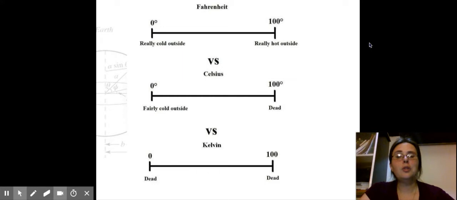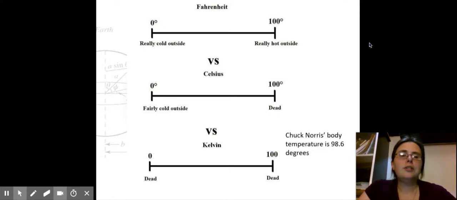That's where it's so cold that atoms stop moving. And then at 100 degrees Kelvin, it's still cold. So it would still be a place where you would be dead if you had to exist in a temperature at 100 degrees Kelvin. It's not much.